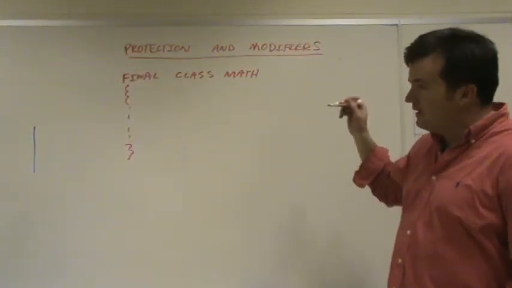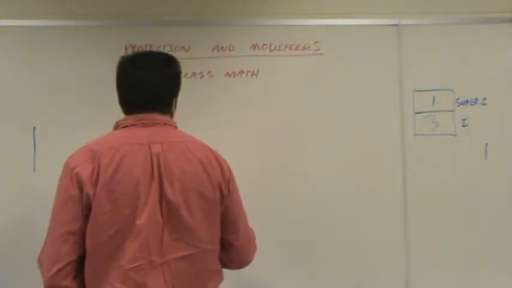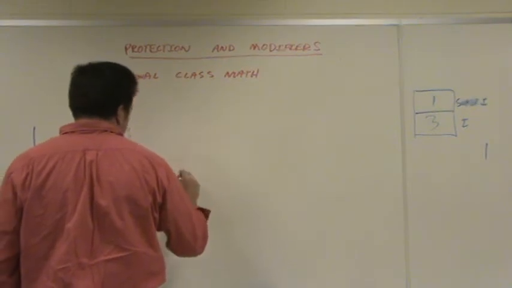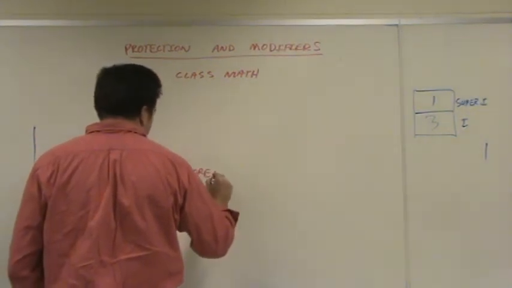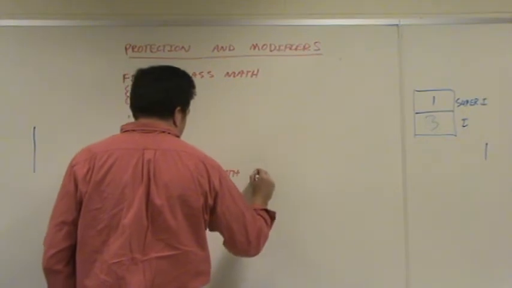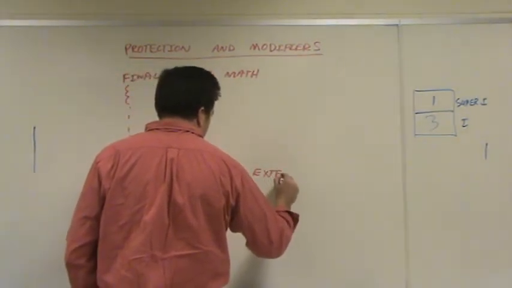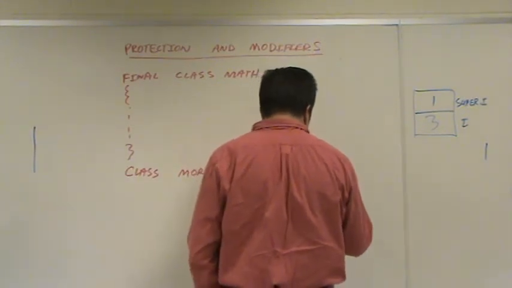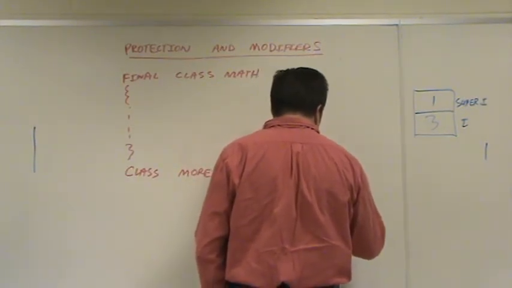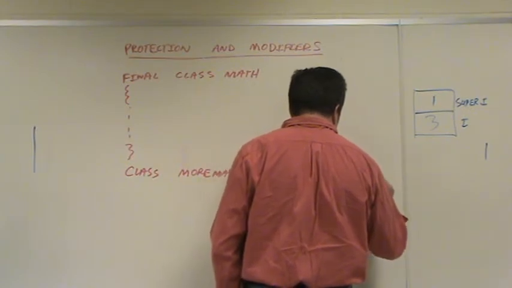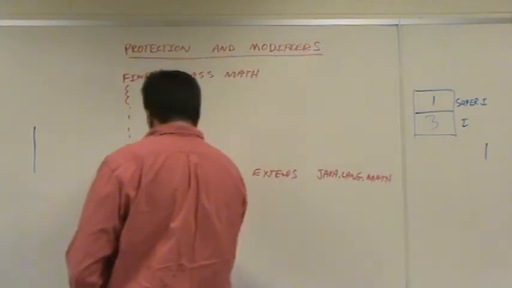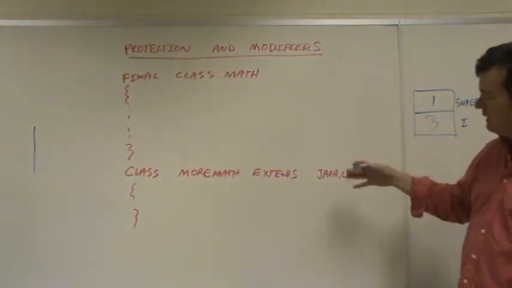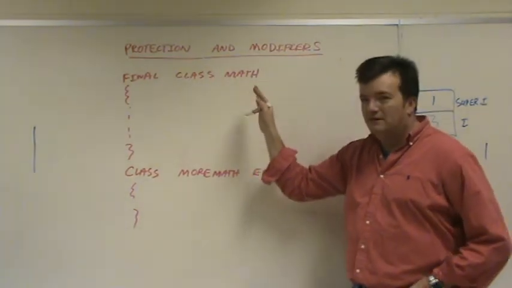If somebody else came along and tried to inherit from it, if you said class MoreMath extends, and then the whole path, java.lang.Math, this would actually give you a compiler error, something like you're not allowed to extend the final class.